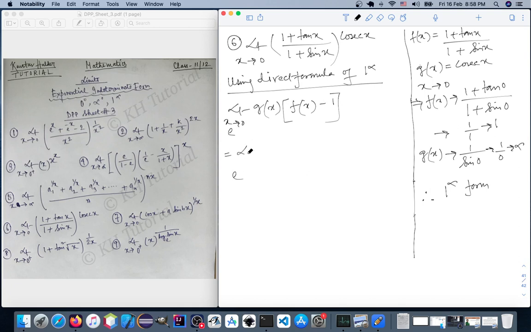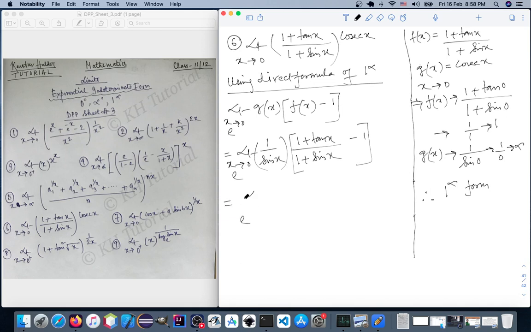This becomes limit x tends to 0 of 1 by sin x into 1 plus tan x by 1 plus sin x minus 1.